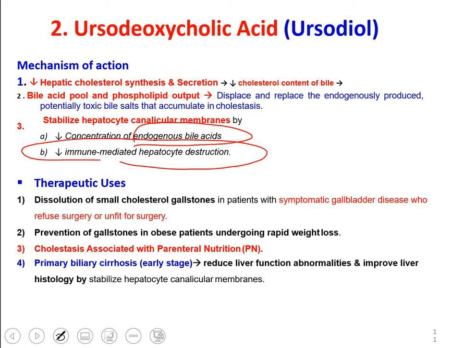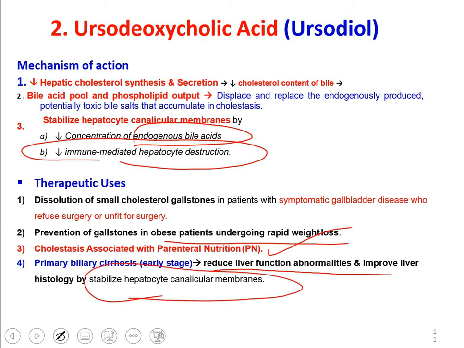The therapeutic uses of ursodeoxycholic acid are the dissolution of small cholesterol gallstones, prevention of gallstones in obese and hyperlipidemic patients, the cholestasis associated with total parenteral nutrition, and primary biliary cirrhosis, especially to reduce liver function abnormality and improve liver histology by stabilizing the hepatocytes.